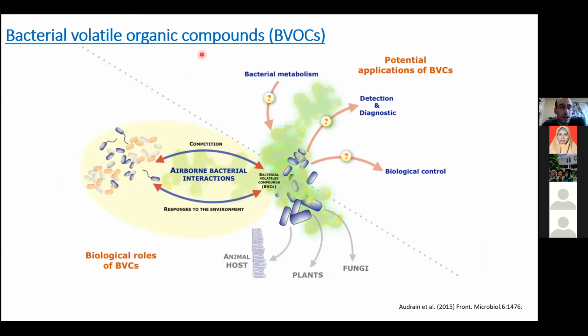Now specifically talking about bacterial volatile organic compounds, there is some interesting research that started more or less in the 2000s, 2003. Some of the works are regarding the bacterial metabolism, and I will speak mostly about this. But it's always trying to understand the role of these bacterial volatiles towards the environment, and regarding the communication with organisms, be it competition or symbiosis, and they can have diverse applications.